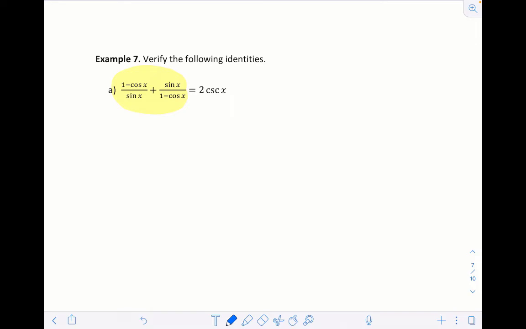And the first thing I would say here to simplify is, well, we have two fractions. We could go ahead and try and get a common denominator and then add together so we have a single fraction. So that's the first thing I'm going to try here. So I'm going to start just by using algebraic techniques.